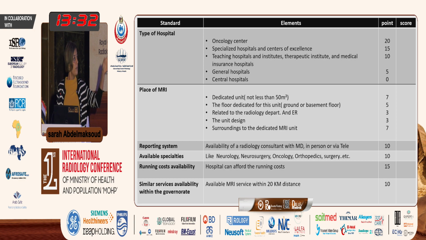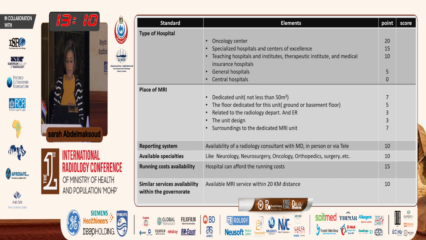The second item would be the place of the MRI, or the MRI unit itself. Where is it present in the hospital? How big is it? When we say dedicated unit, it should not be less than 50 square meters, because this is the minimum requirement for an MRI unit to be established.